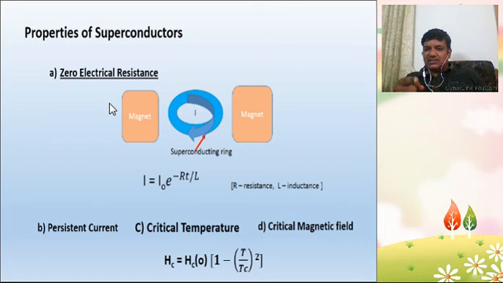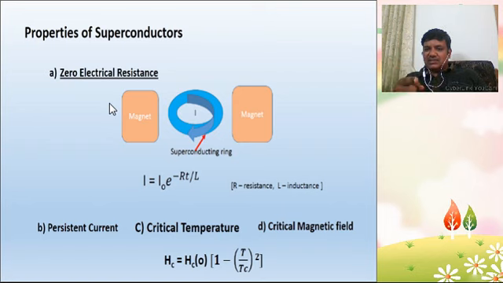Critical temperature. So, critical temperature is the temperature that differentiates a normal conductor from a superconductor. And the critical magnetic field. You can apply an external magnetic field, and this magnetic field will destroy the superconducting property and change it to a normal conducting property.